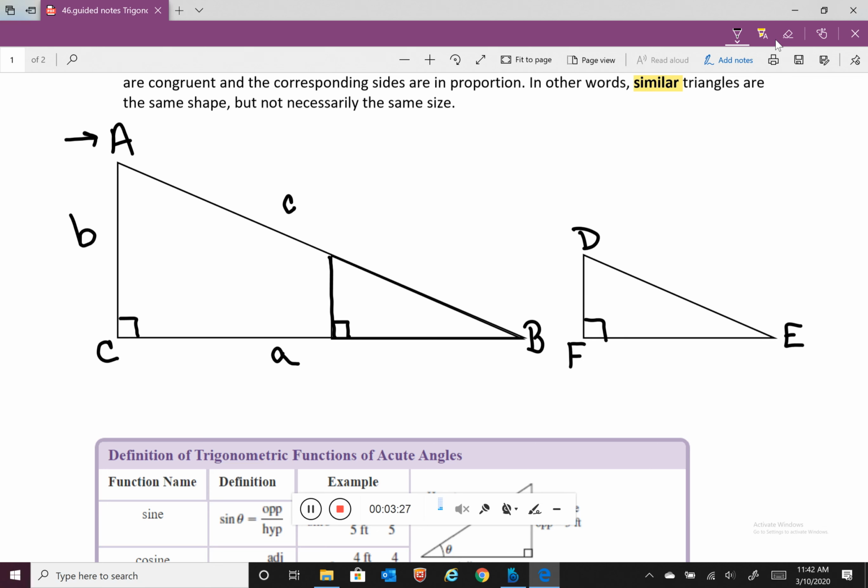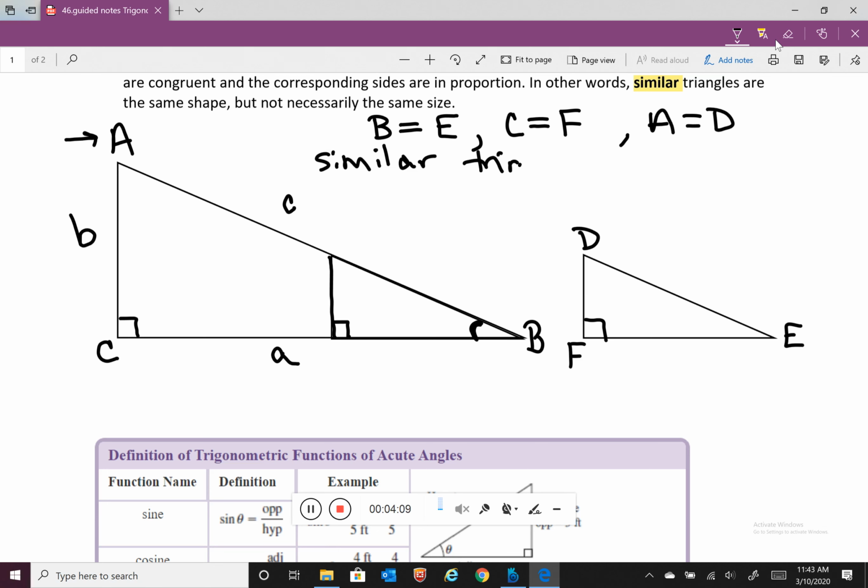Now notice, originally they shared angle B, didn't they? So that means angle B has to equal angle E. Notice both C and F are both 90 degrees, so that means angle C has to equal angle F. And by process of elimination, since all triangles add to be 180 degrees, that means angle A has to equal angle D. Therefore, these are similar triangles.